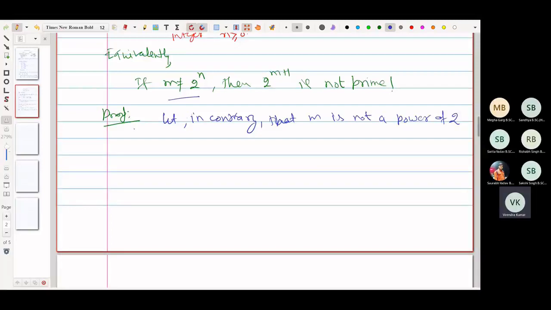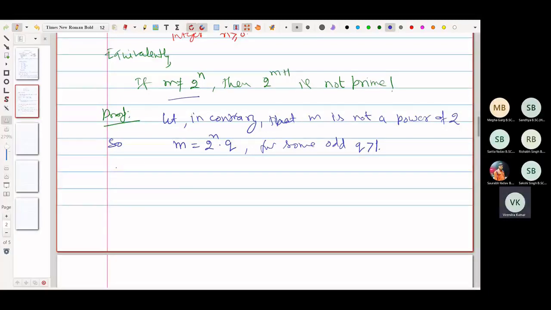So this means that m is going to be of this form: 2 to the power n into q. Because m is not a power of 2, it means q is not going to be even, and it is going to be odd. So q is, for some odd q greater than 1, like this.